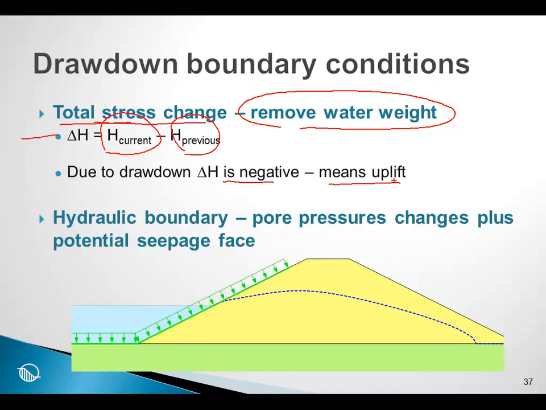So the removal of the water will apply forces on the surface to simulate the removal of the weight. These forces are computed automatically by knowing that there is a delta H in the water level, and this delta value is negative. As a result, we get uplift forces on the embankment.